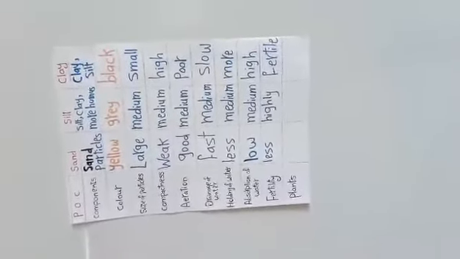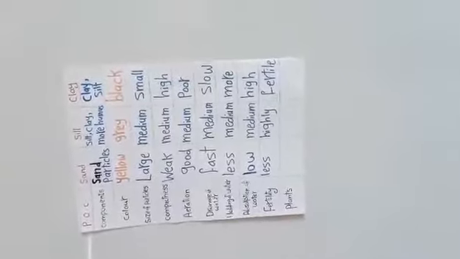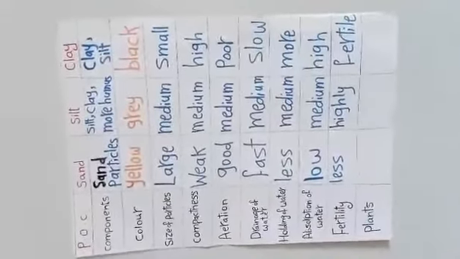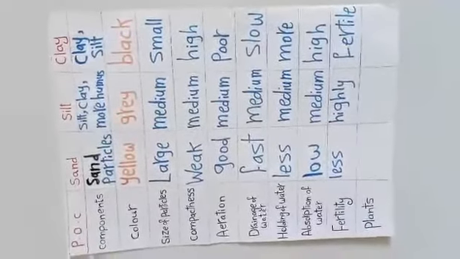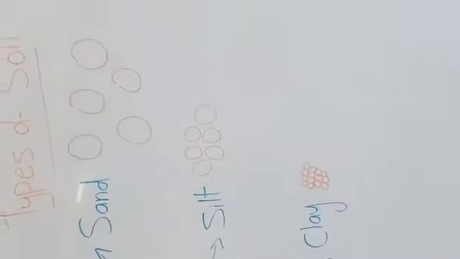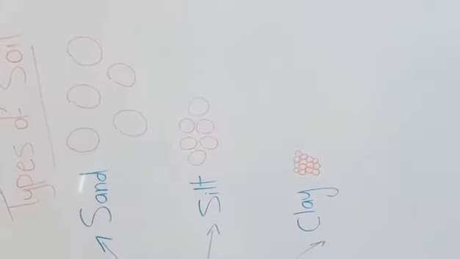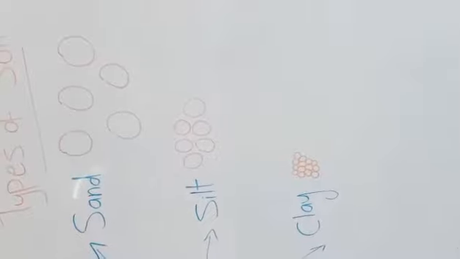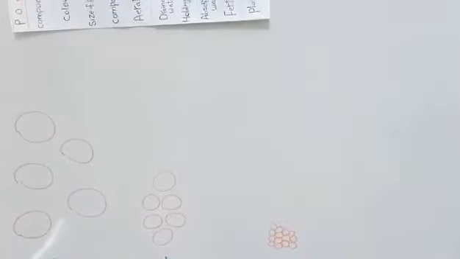So, sand, yellow. Silt, gray. And clay, black. The size of particles, as we see here, sand soil has large particles, silt has medium particles, and clay has small particles. After that, look here at the particles of sand soil.